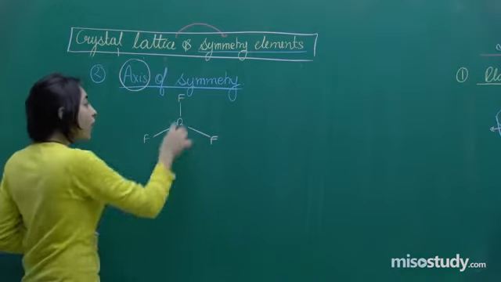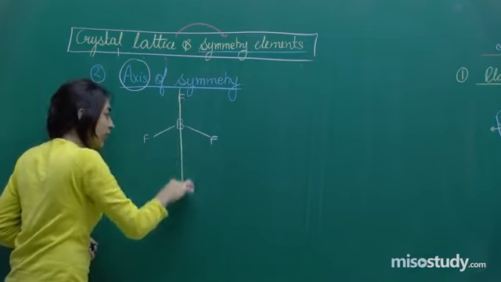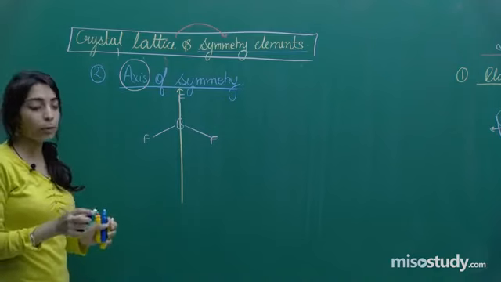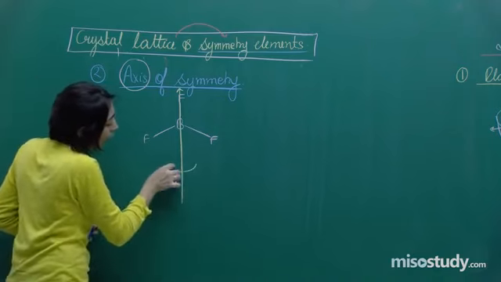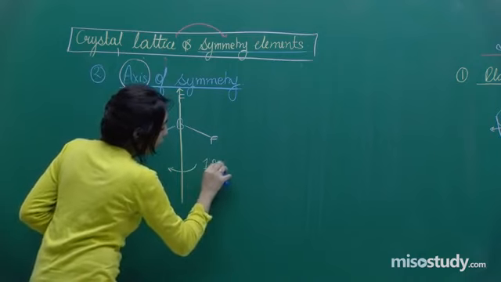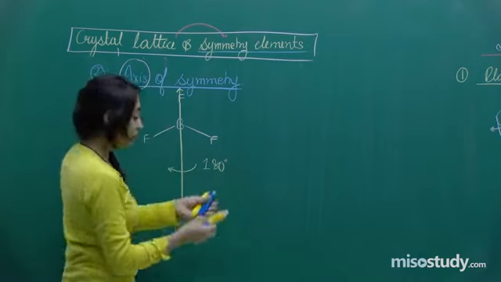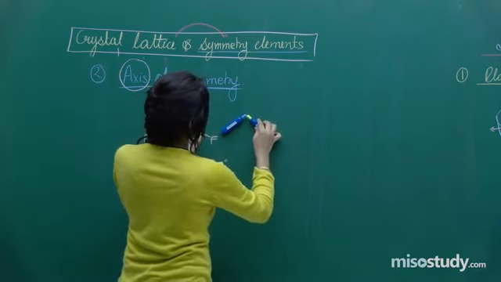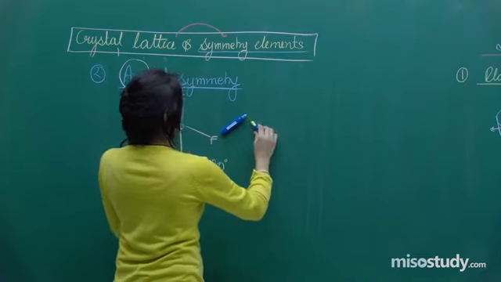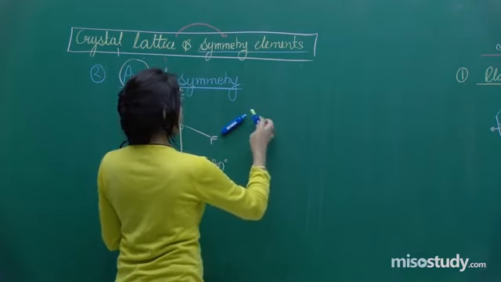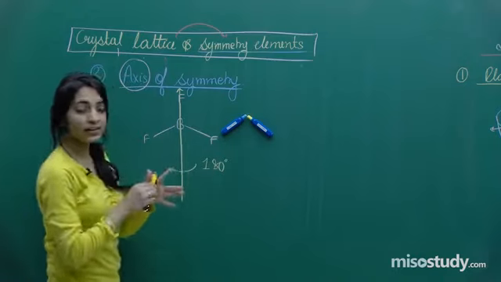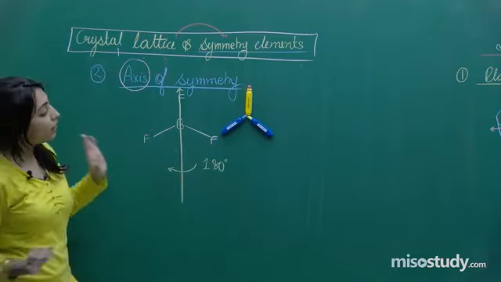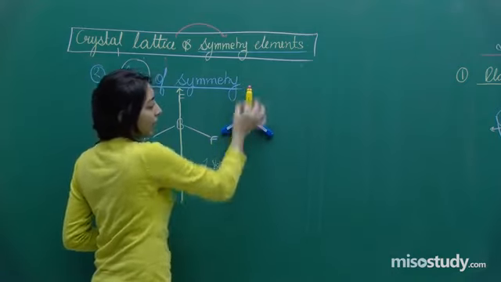Now let us consider this particular axis. If you consider this axis and rotate the molecule by an angle of 180 degrees, listen carefully. This is one molecule and we have another molecule like this. This is BF3. Now I am considering this particular axis.